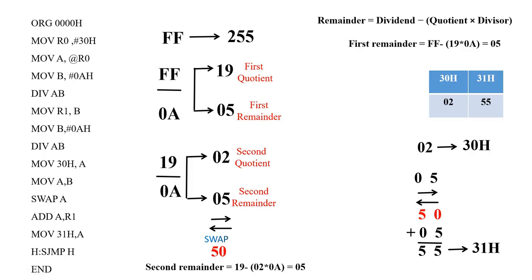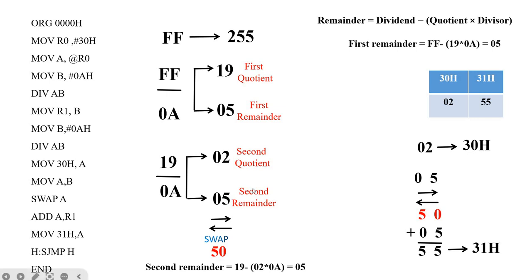Now to store the second part of the answer, that is 55, we have one part as 05 in the first remainder and another part as 05 in the second remainder. We want 55 to be written as 50 plus 5.